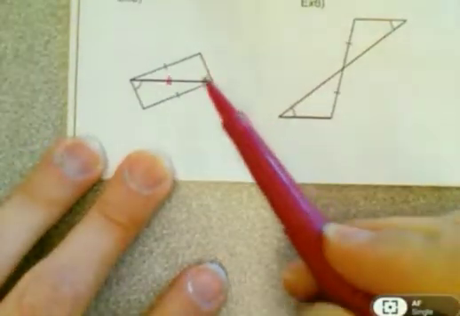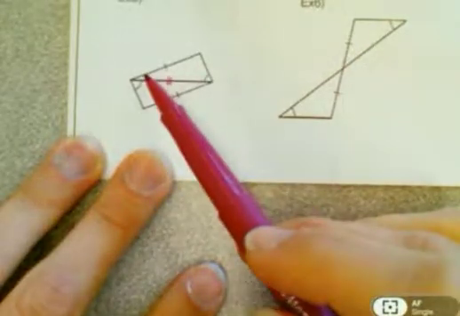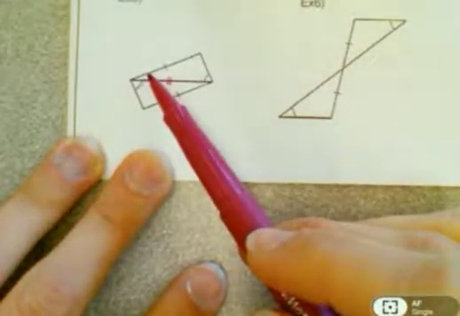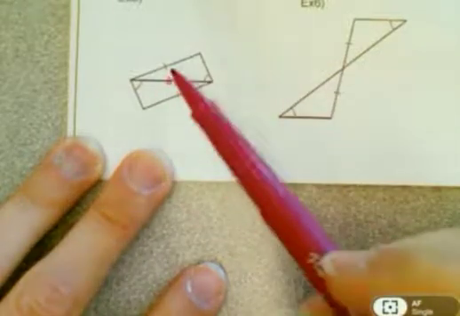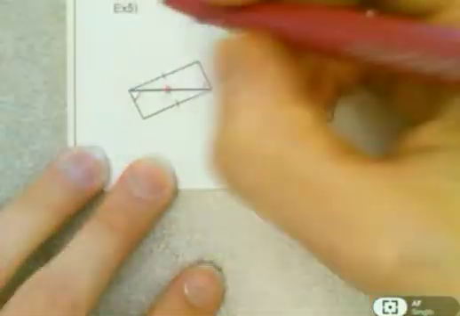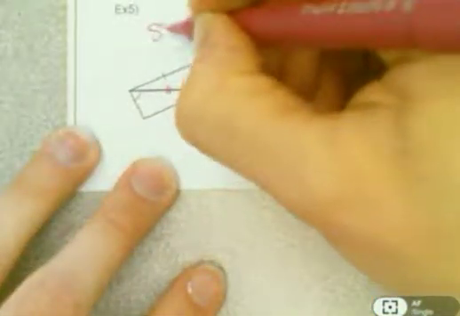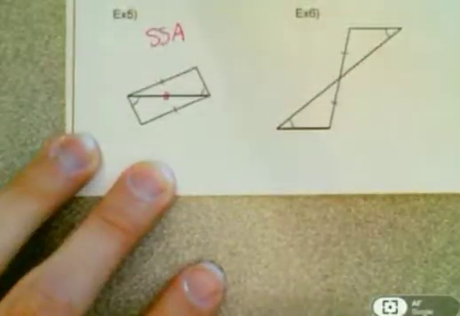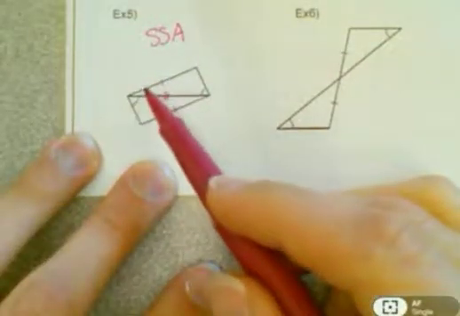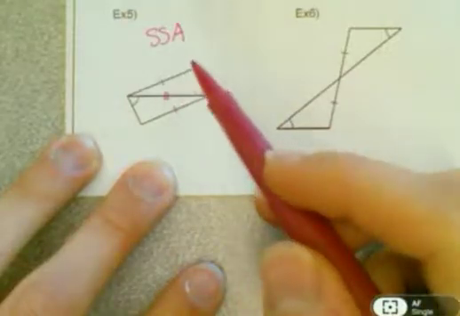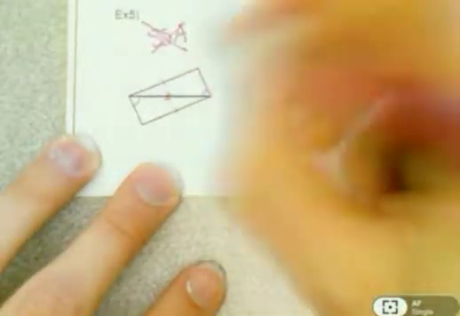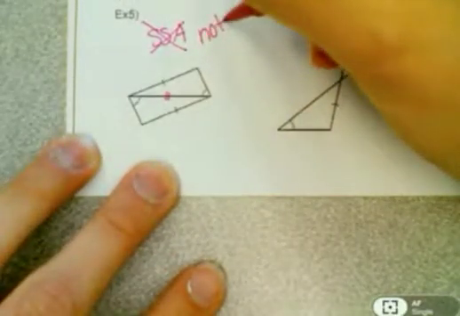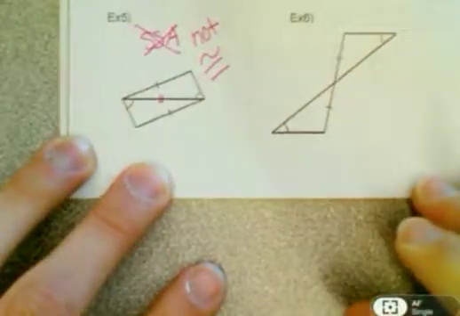And the issue here is that this angle is not in between the two sides that I have congruent. So this is another bad word one. This time we'll write it that way so it doesn't look like a bad word. But we have side, and then the next thing we see is a side and then the angle. The angle's not between them. That's not a shortcut. So we're going to say not congruent.